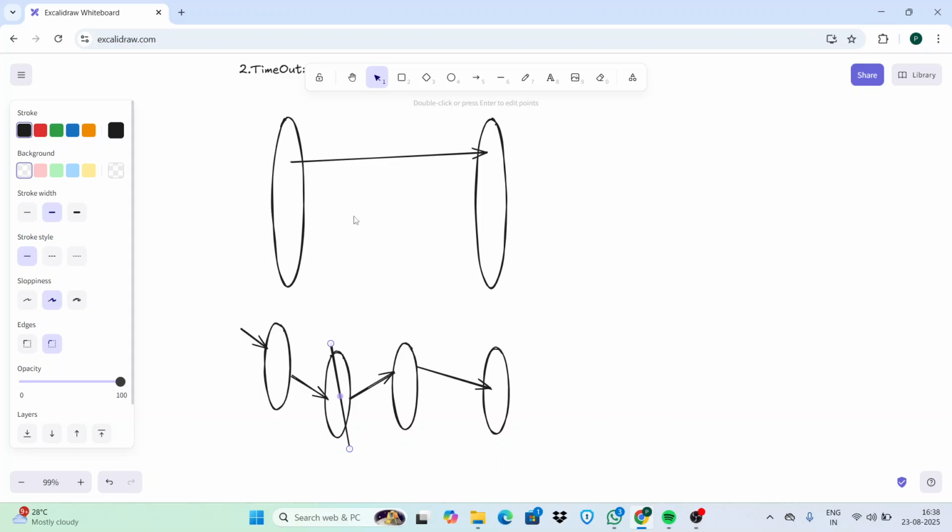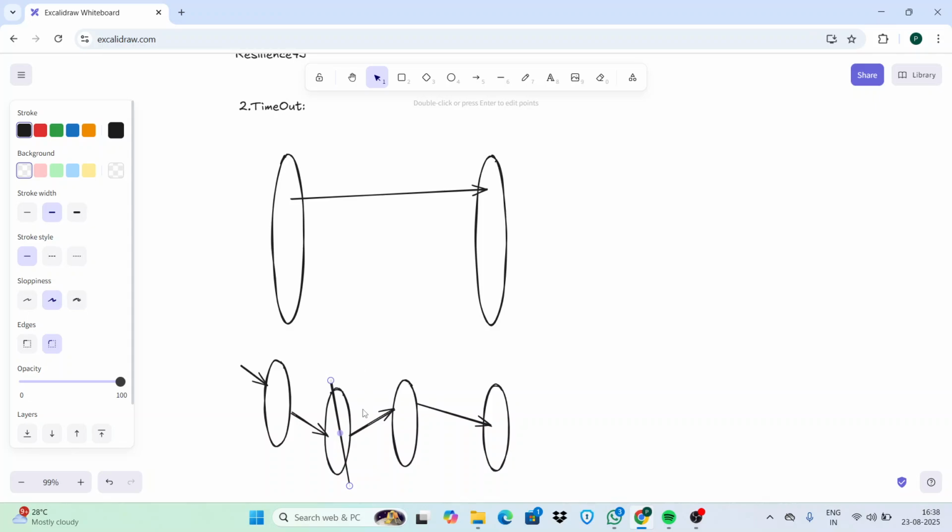So the timeout mechanism says to wait for some specific time, and if the response is not coming within that time, declare it a failure. Don't wait forever, fail faster.